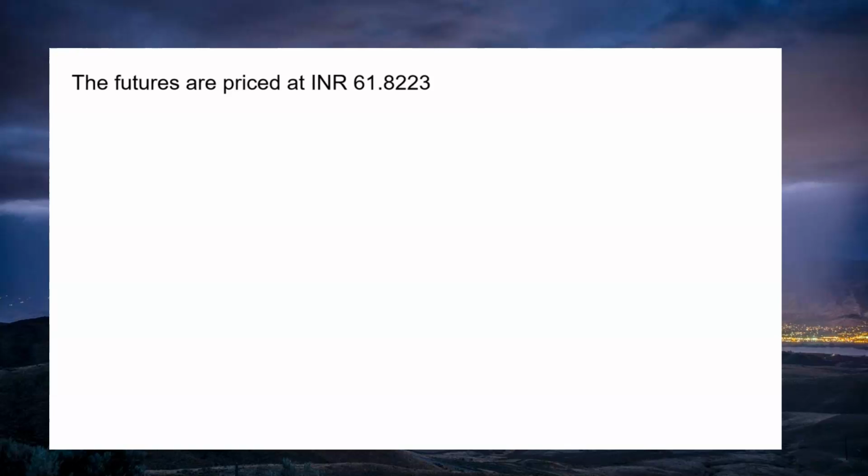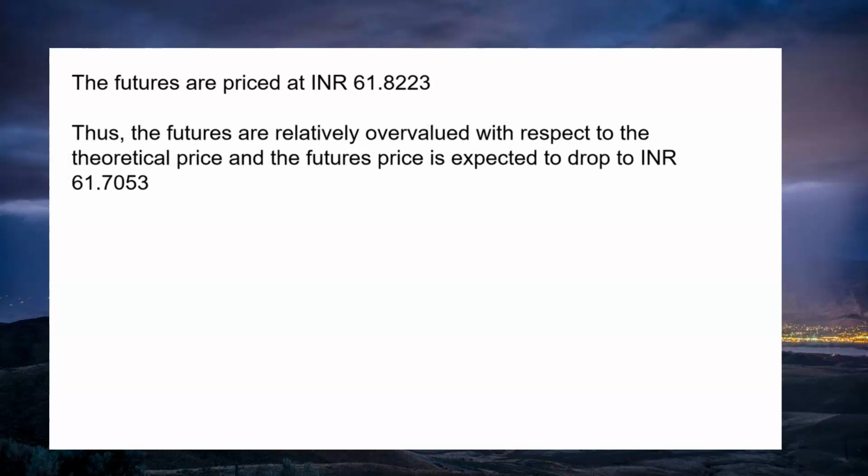The futures are priced at rupees 61.8233. This shows that the futures are relatively overvalued with respect to the theoretical price, and the futures price is expected to drop to rupees 61.7053.